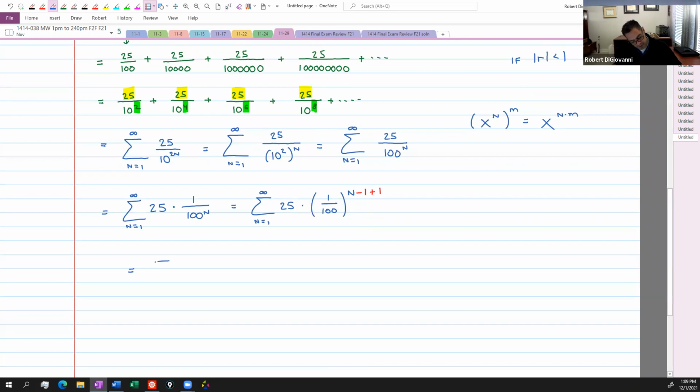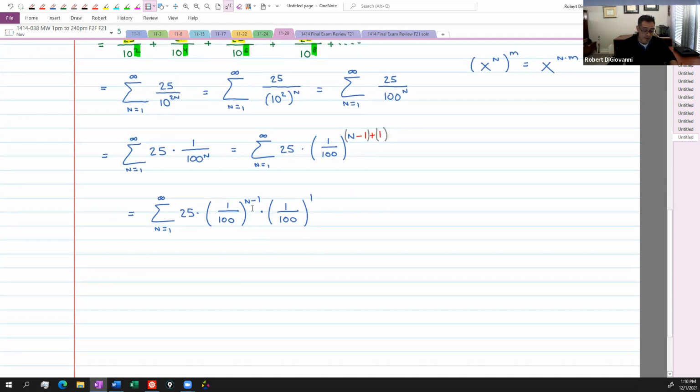We're almost there. Sum n equals 1 to infinity of 25 times, this becomes 1 over 100 to the n minus 1 times 1 over 100 to the 1. So again, this is using property of exponents backwards. I'm using the fact that I have exponents that are being added together. It's almost like I'm doing these two plus that one, and I'm splitting it into two factors.